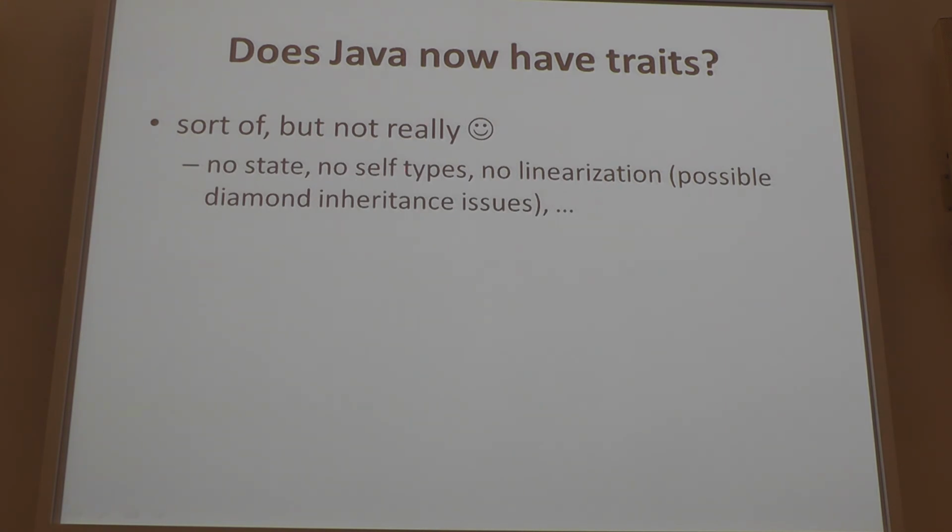Also, you don't have linearization of classes in inheritance, because what happens if in your class you implement or extend two interfaces that have the same method? Basically in Scala it gets resolved by linearization; you can have the classical problems that come with this.